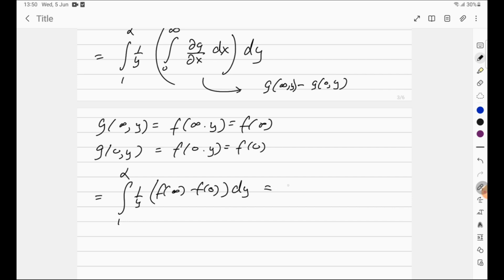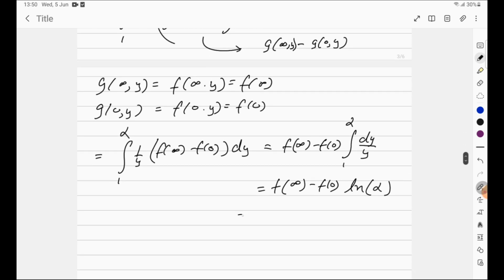And this term in f is a constant, so that comes out of the integral. And I'll again get this familiar integral, which results in ln of upper limit over lower limit, which is 1, so that's ln alpha. And I get f at infinity minus f at 0. And again f at infinity, they have given that is equal to 0, so this again becomes f0 ln alpha.